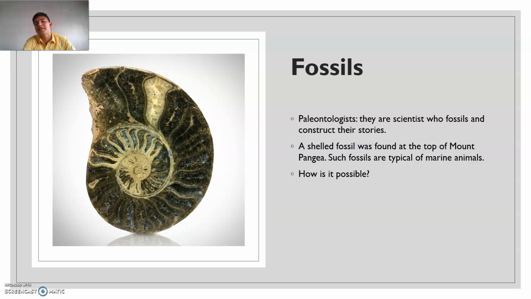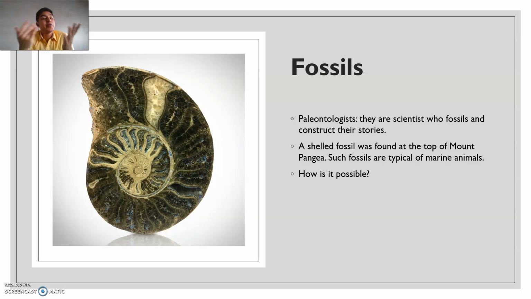Basically, this is the work of paleontologists. And if you go over the topic in Agilex, you are going to find a very interesting video in which they give you different possibilities. But the most accurate one specifies that the top of the mountain was once at the bottom of the sea, or right under a body of water.